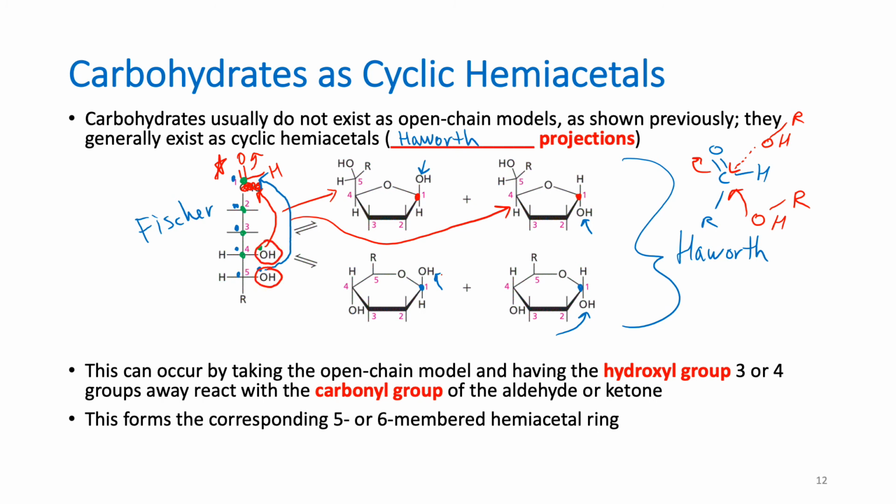I just circled the alcohols or hydroxyl groups on your Fischer projection, and they attack an aldehyde, or this happens also with the ketoses, so it could have attacked a ketone. So all I'm doing is using the same chemistry previously described to show you how these cyclic carbohydrates are formed. It's nothing more than hemiacetal formation, and I hope you can see that your hemiacetal that's forming is carbon 1, aka the one where the aldehyde or ketone was.